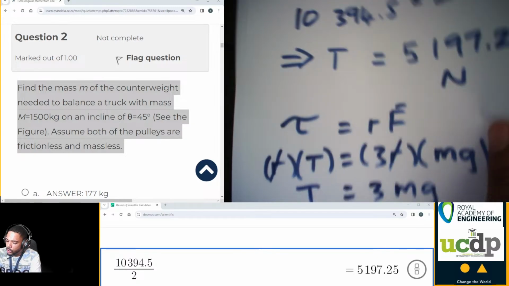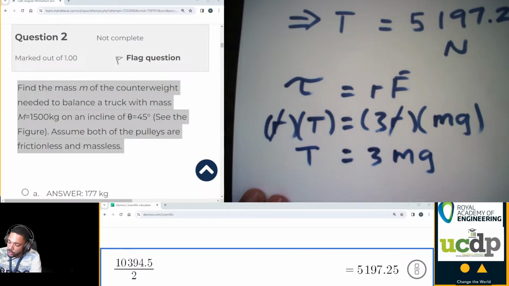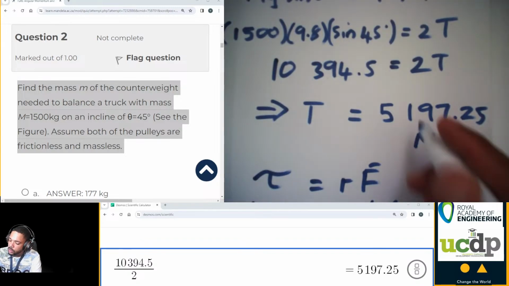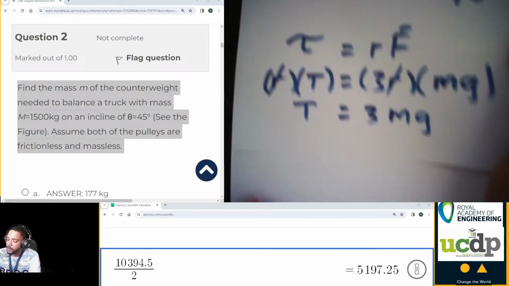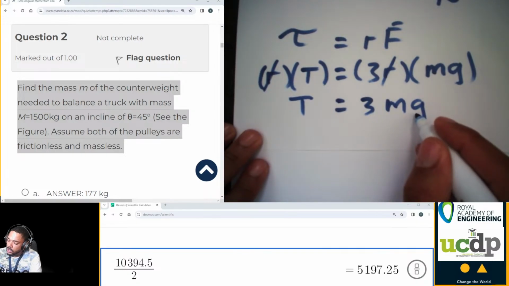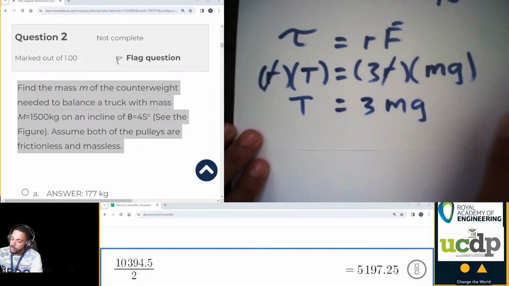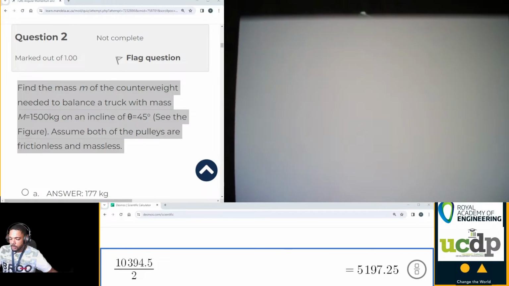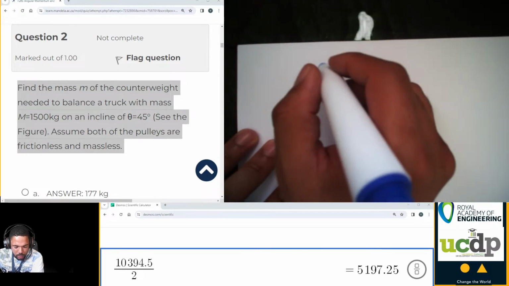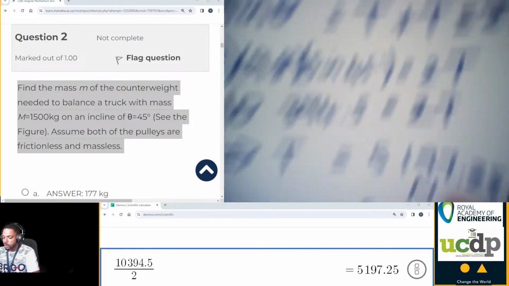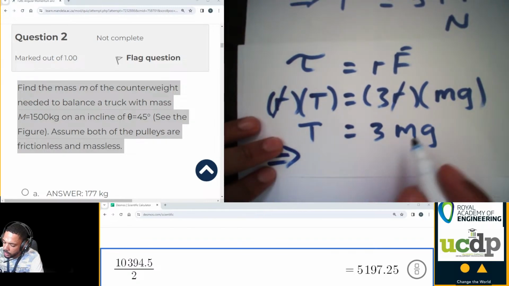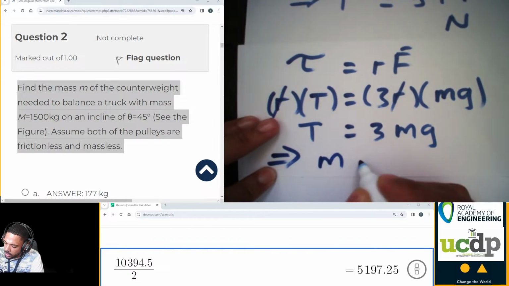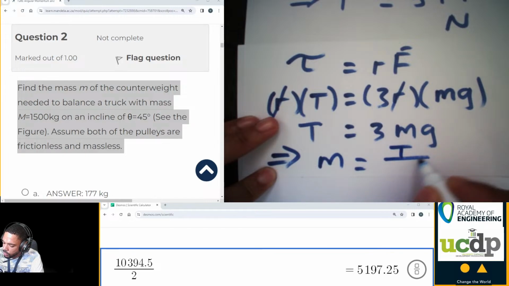Now we have an equation which requires the tension, which, remember, we calculated to be 5,197.25 newtons, and the gravitational acceleration we have. If we rearrange that equation, we get that the mass m is equal to the tension divided by 3 times g.